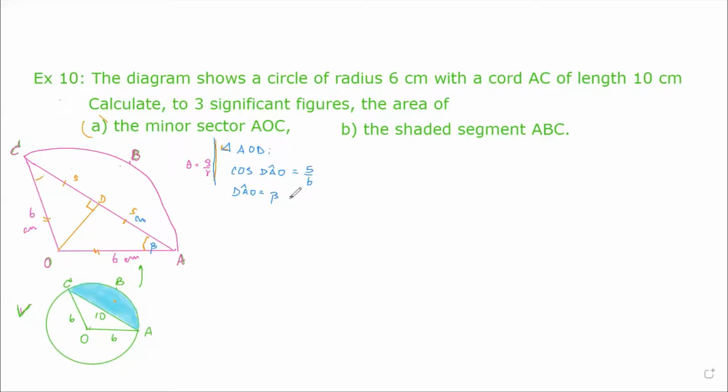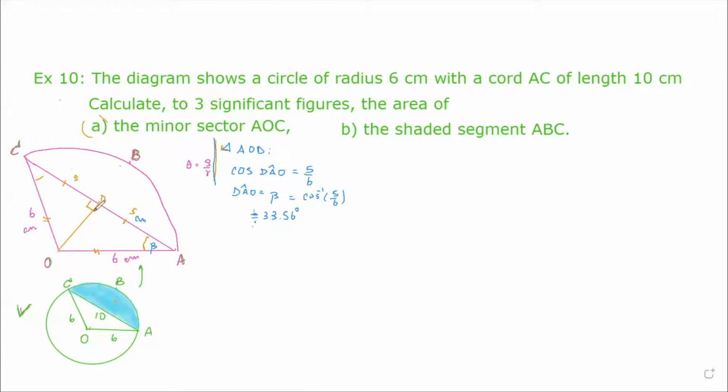So beta equals arccosine of 5 over 6, correct? So equal to what? You use a calculator, arccosine of 5 over 6 is approximately 33.56 degrees.